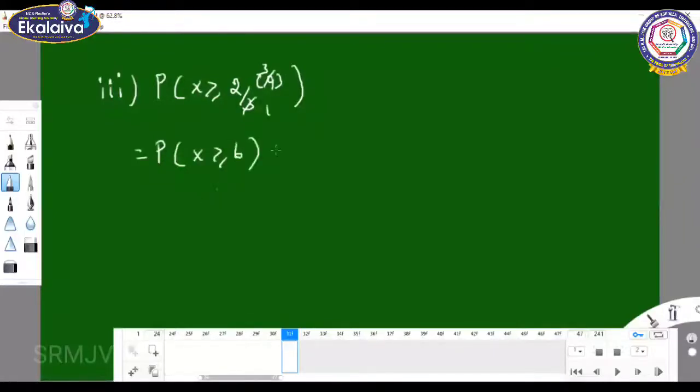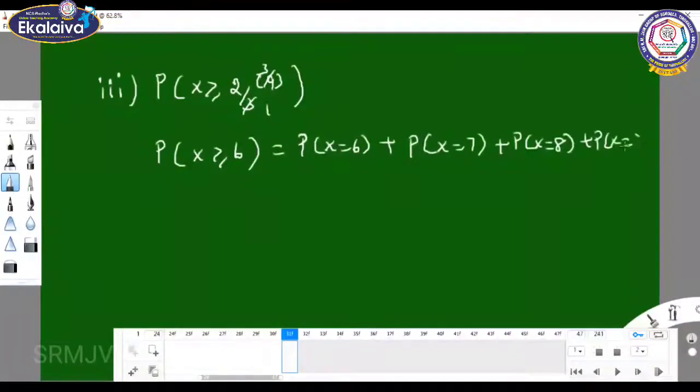That means x equal to 6, x equal to 7, x equal to 8 and x equal to 9, because the value is up to 9 only.